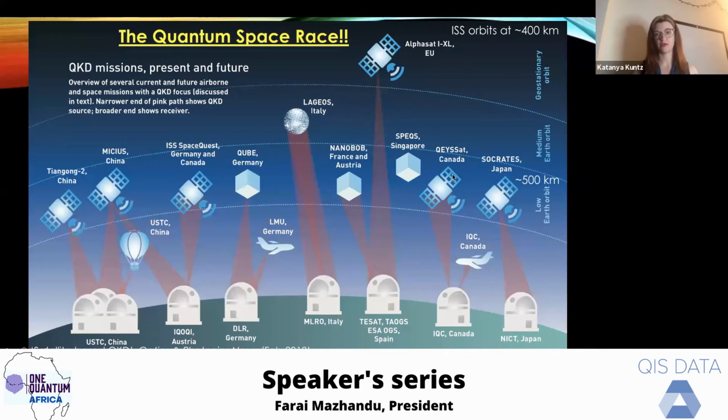So for Keysight, for example, we have our receiver on the satellite, and all of the sources will be on the ground. Whereas for some of these other missions, for example, the Micius mission for China, their sources are on the satellite, and all of the receivers are on the ground. And so there are advantages and disadvantages to doing an uplink or a downlink configuration, which I'm happy to discuss.